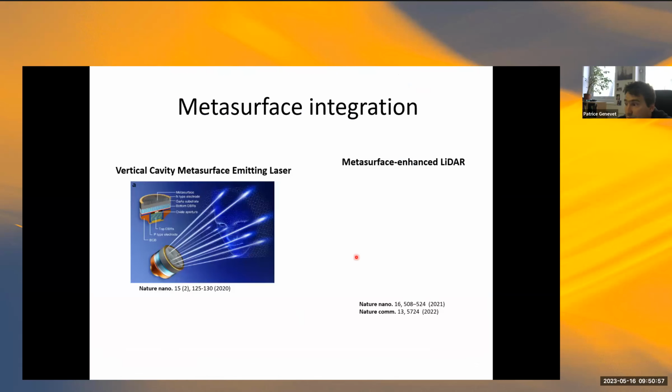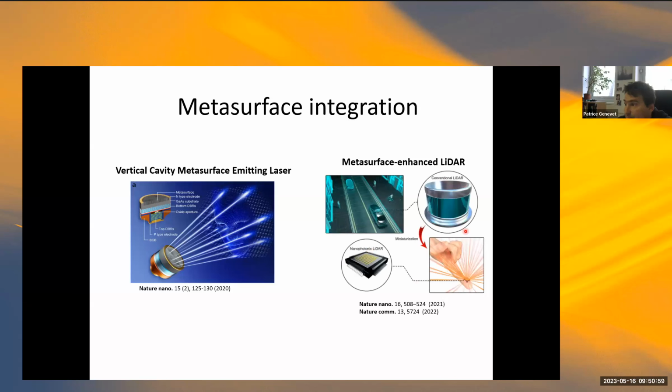So I will briefly mention here this work on LiDAR to conclude this presentation from, let's say, an applicative point of view, where we are essentially using this designed metasurface structure and integrating it into a system.